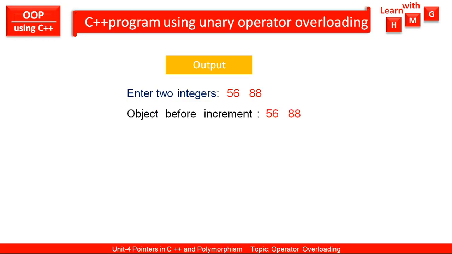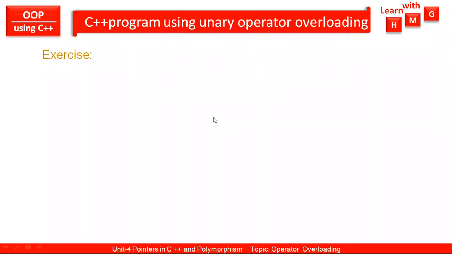Before increment the values are displayed as they are, that is 56 88, where 56 is no1 and 88 is no2, and then the increment operation will be performed, and after increment the values will be displayed as 57 and 89, that is 56 plus 1 and 88 plus 1.